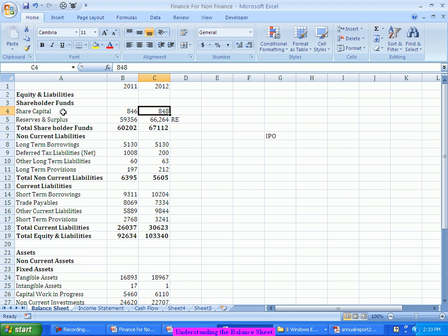The value at which it has started. That is what we are calling the face value. Because it's like this. After every year, new capital is coming into the business. The number of shares is still the same. So the share which started at 10 rupees now has become 90 rupees.